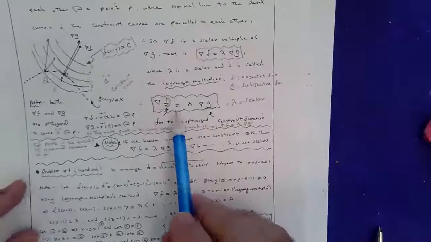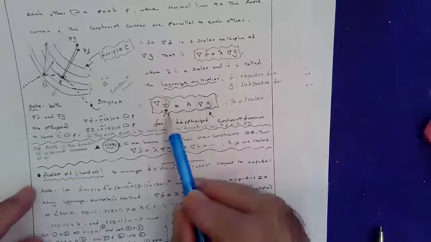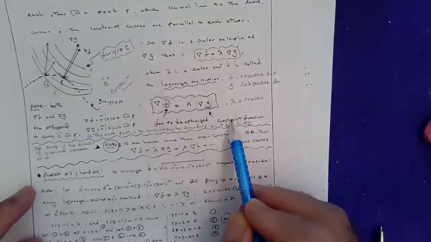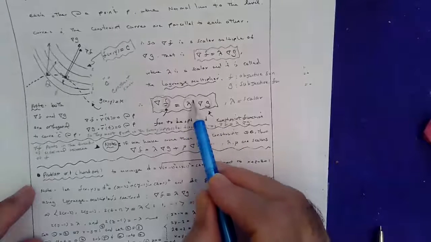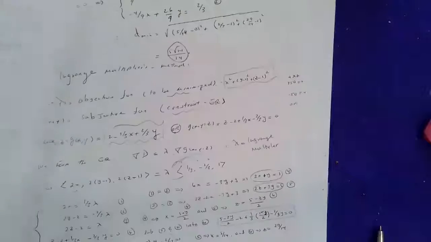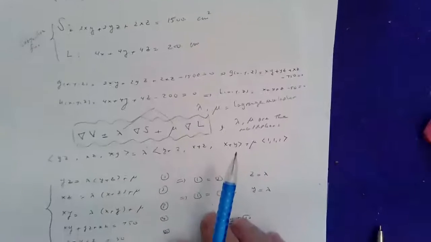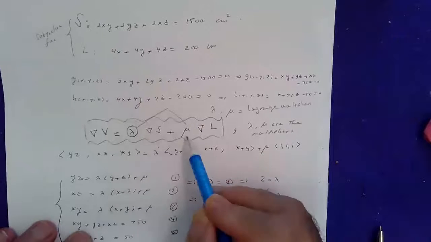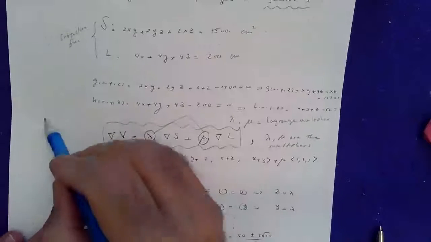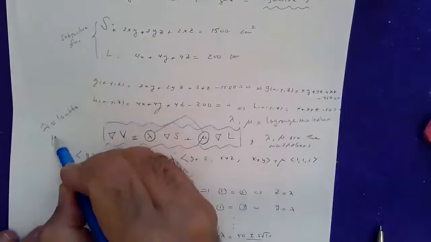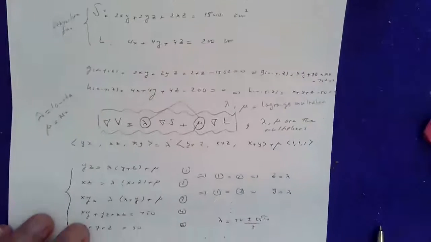So in the definition, the original equation we came up with, this is the objective function, this is the constraint function, and lambda is called Lagrange multiplier. In this case, guess what? I got two multipliers, lambda and mu. So this is lambda and this is mu, like music.